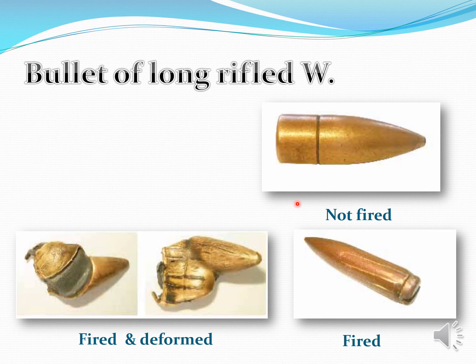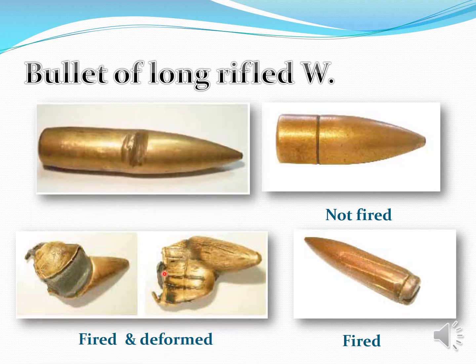Okay. What about this image? Firstly, is it fired or not? It is fired because there are rifling marks in the bottom. But what is this? Why this shape? It is deformed. Okay, it is a deformed bullet. Okay. What about this?